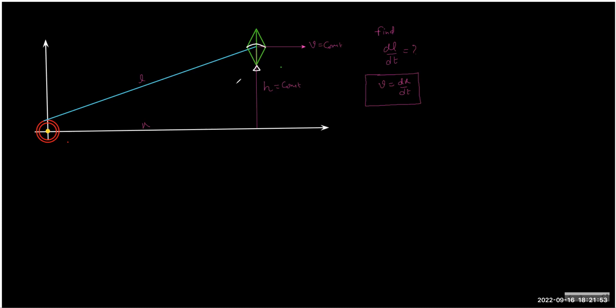See, first of all, you need to understand when the kite is moving towards the right, right is what? X-axis. So the X coordinate of the kite will grow in value, yes or no? Yes. So what is the coordinate of this kite? X comma H, and here H is constant, right? So as the kite goes towards the right at a given speed, the X coordinate will increase from the origin, yes or no?